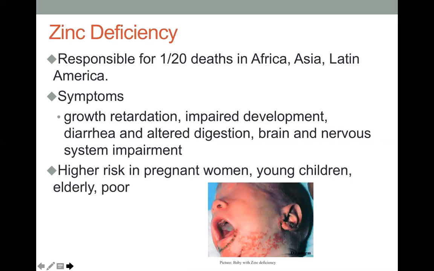This is a picture of a baby who has issues with wound healing and skin issues developed due to zinc deficiency. We see zinc deficiency more commonly in young children as they're growing rapidly, the elderly due to reduced intakes and potentially reduced absorption, and low income individuals.